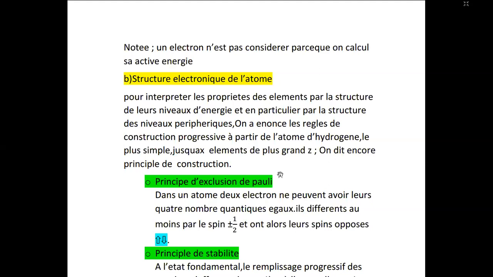Like the number of shells, the first shell, the second shell. How do you write it? What things are you supposed to consider? Put in mind, we are dealing with an atom with a lot of electrons now. So we are going to discuss the structure électronique de l'atome with plusieurs électrons.